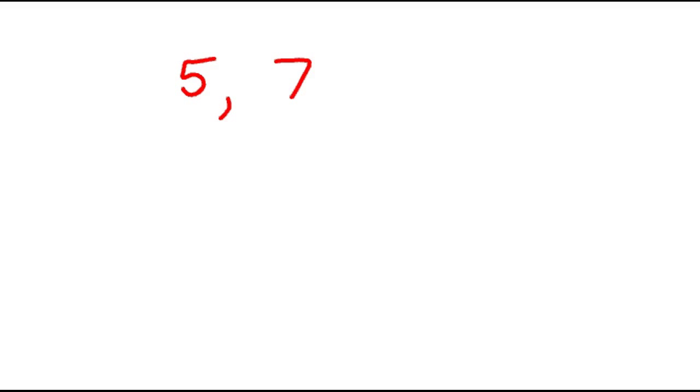Well, if you made the third side a 2, that makes 7 your biggest side. 5 and 2 is 7, so this is not a triangle. But if you did 2.1, now 5 plus 2.1 is 7.1, which is bigger than your biggest side, so this is now a triangle.